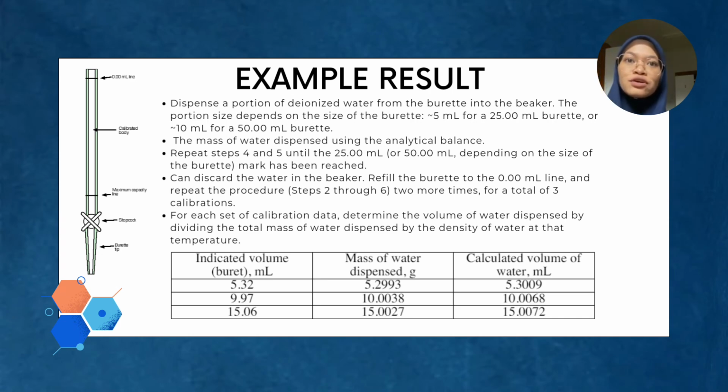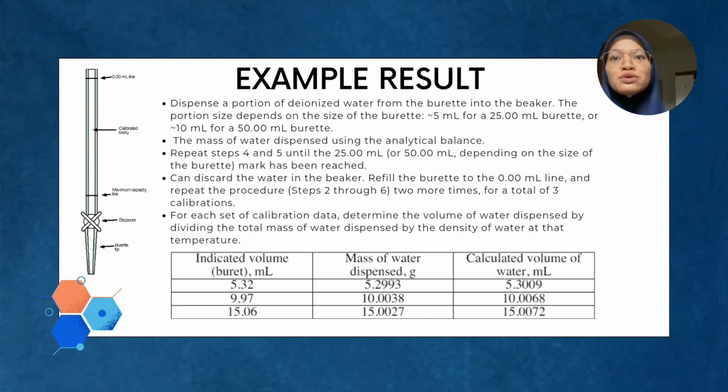For calculated volume of water in milliliter, the first is 5.3009, second 10.0068, and the last one 15.0072.